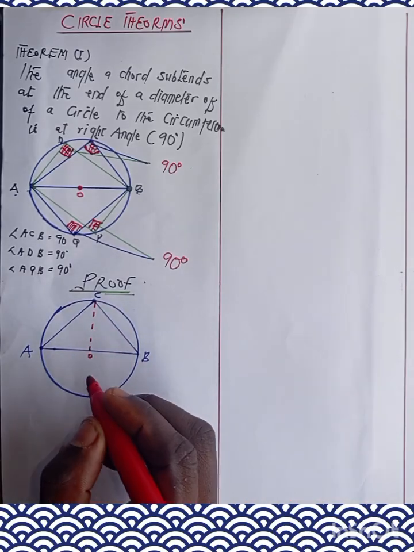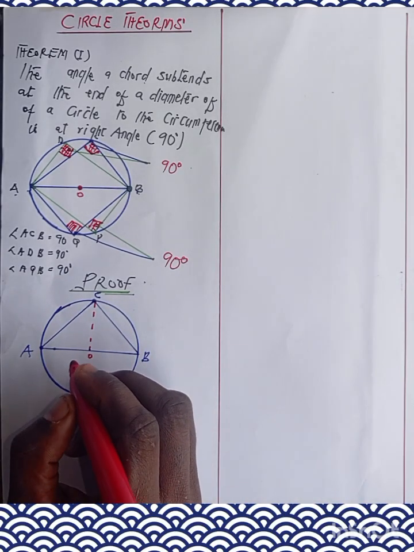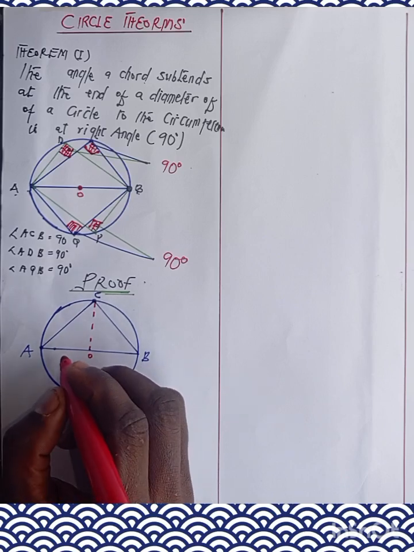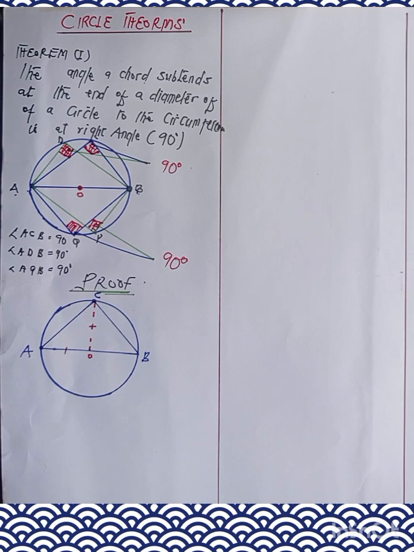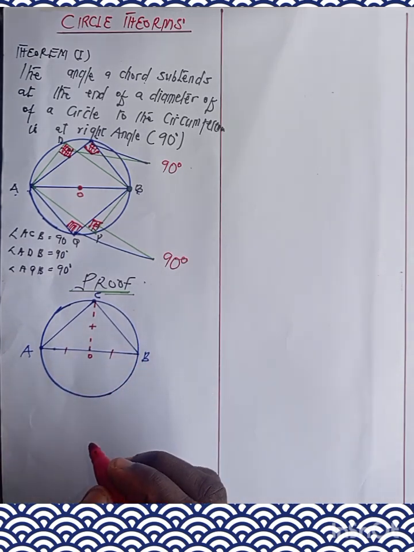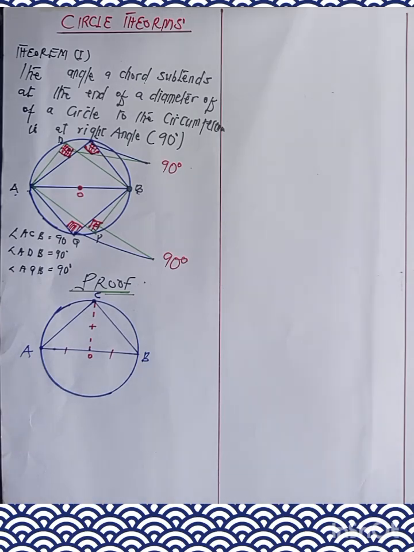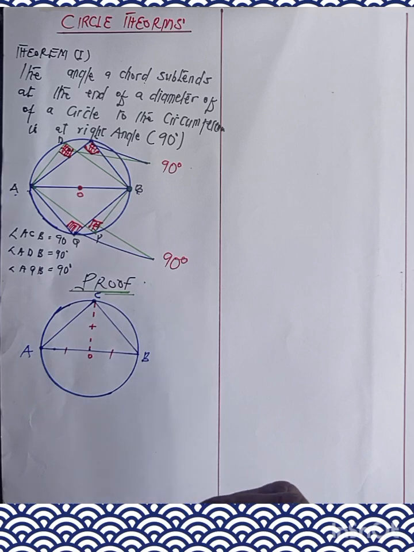The radius. And from this center here to A is also the radius. And we can say that the length of OA is the same as the length of what? OC. And we can also say that the length of OB is the same as the length of what? OC.